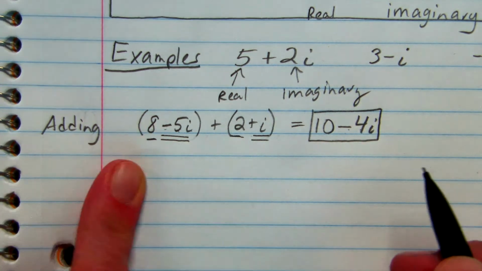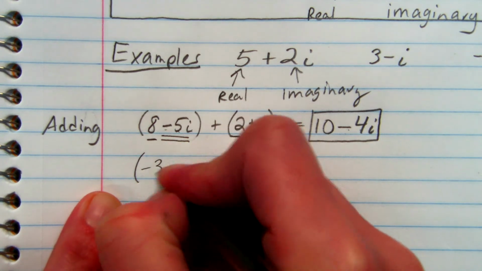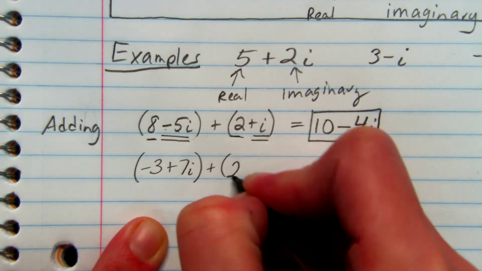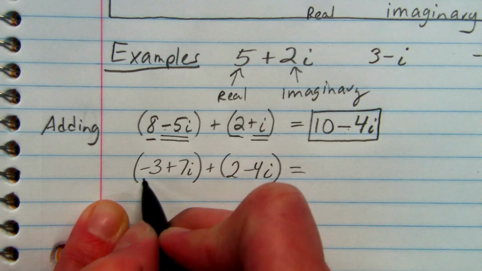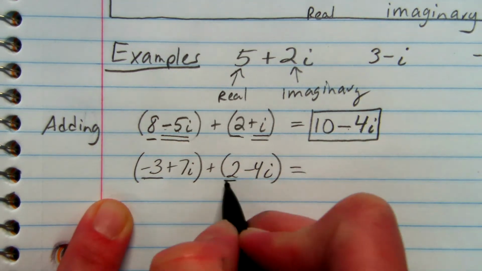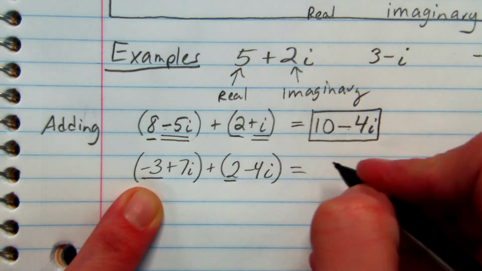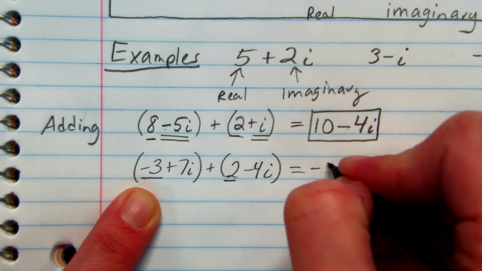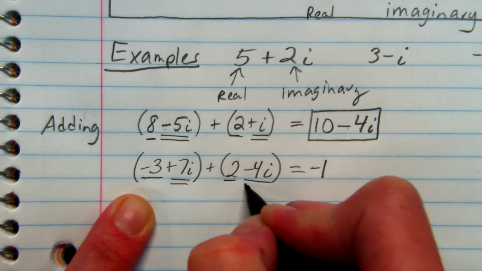So let's do one more adding problem. Let's do negative 3 plus 7i plus 2 minus 4i. So our real numbers go together. Negative 3 and positive 2 adds up to what? Negative 1, and then I have 7i and then negative 4i.